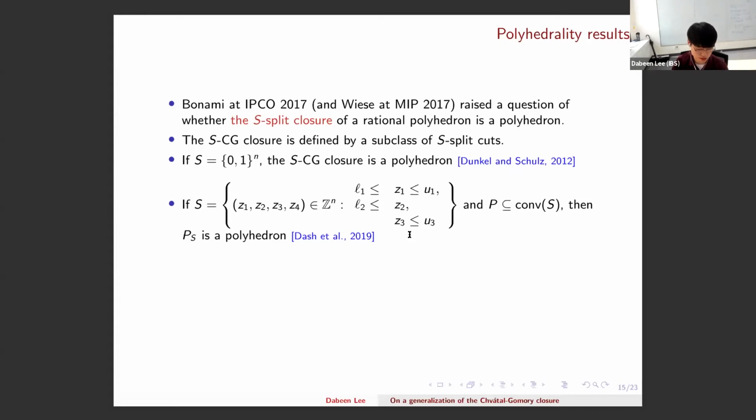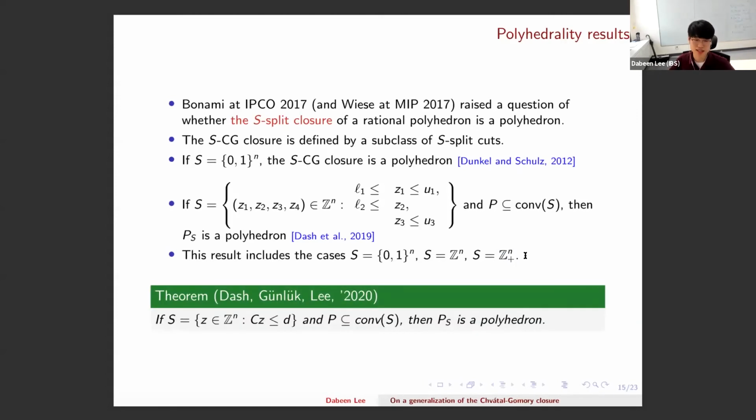This result generalizes the binary case, the traditional setting, and also the non-negative integer case. And our result is that you can take any integer points inside a polyhedron defined by linear inequalities, and you still get a polyhedron. This is the main statement of our paper.